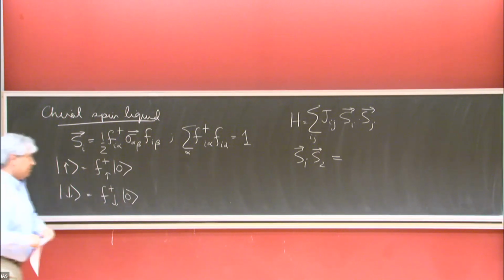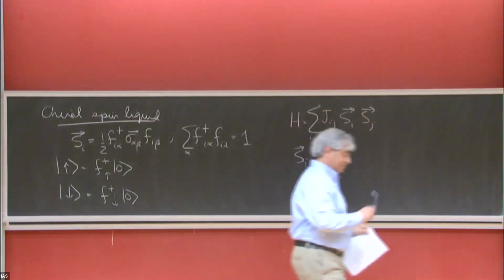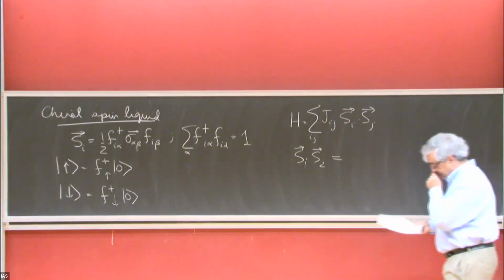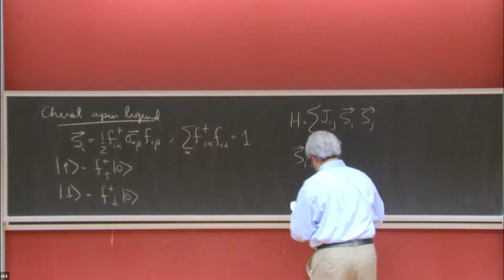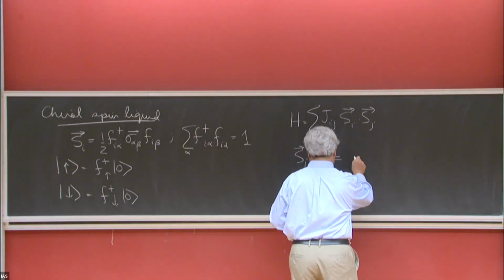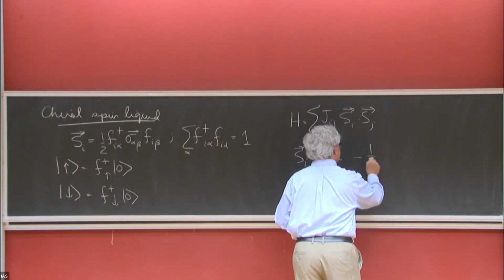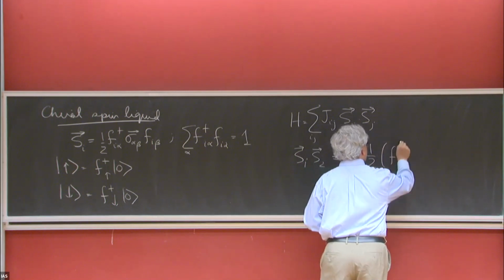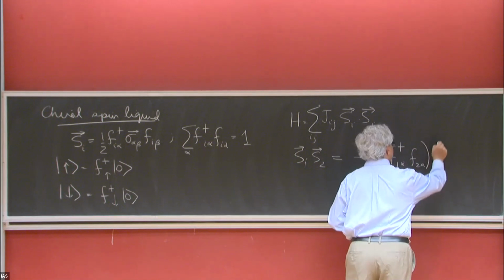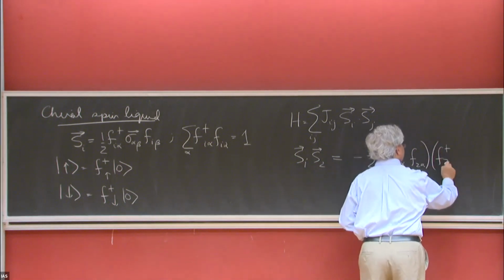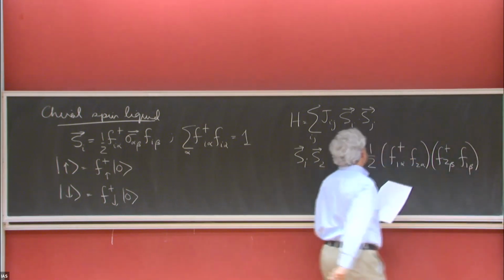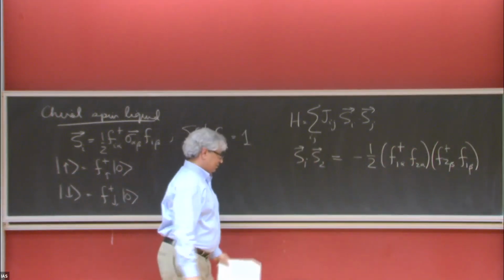There's various ways to do this. There's one way to write it in terms of F dagger F dagger terms, another way to write it in terms of F dagger F terms, but this is the way useful here. This is -1/2 (F dagger 1 alpha F2 alpha - F dagger 2 beta F1 beta) plus some constant.